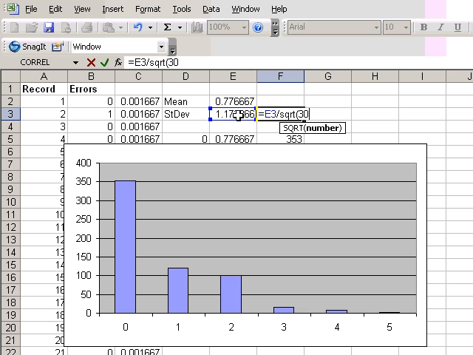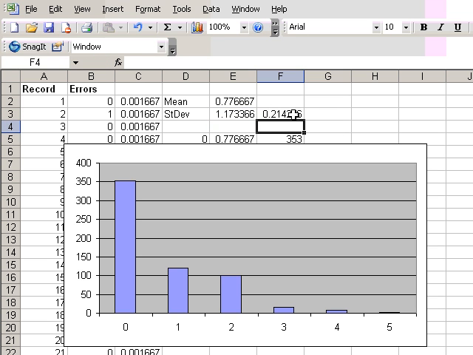And in our case, we took samples of size 30. So the standard deviation for the sample means, what is called the standard error for this data set with samples of size 30, is 0.21.